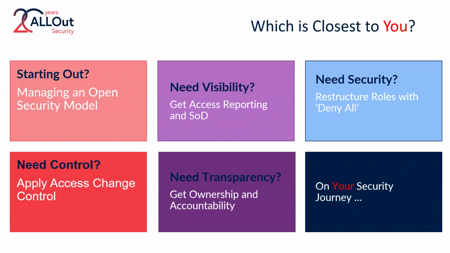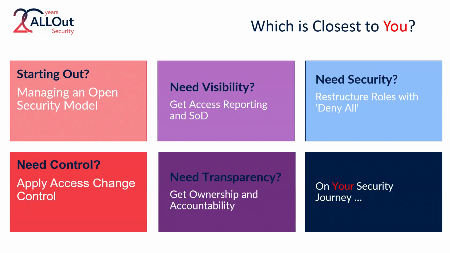Perhaps your company is just starting out and you're managing an open security model. We'll talk about tools that can help there. Perhaps your company needs greater visibility through access reporting and SOD reporting. We'll talk about your options. Perhaps you need to restructure your security model and move from an open to closed or deny all. We'll talk about options available to you there.